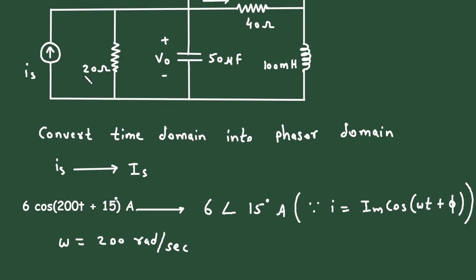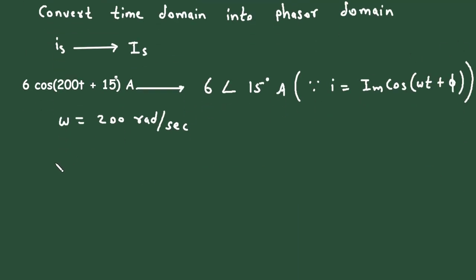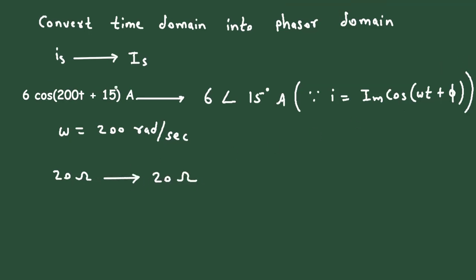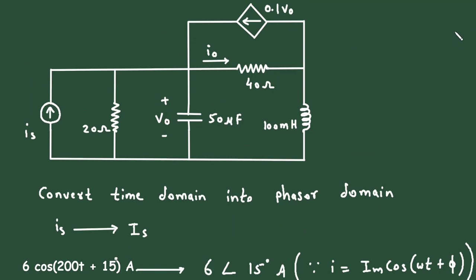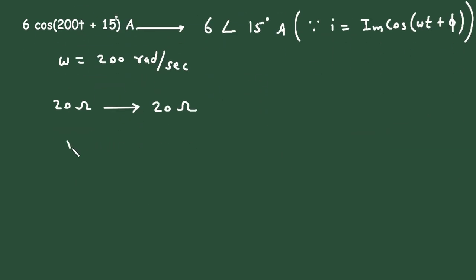Then next is 20 ohm. So this 20 ohm will remain the same in both time domain and phasor domain. Then this small vo will change to capital Vo.